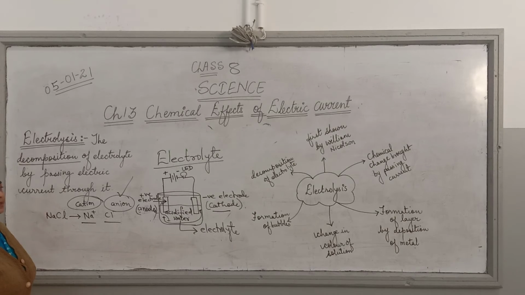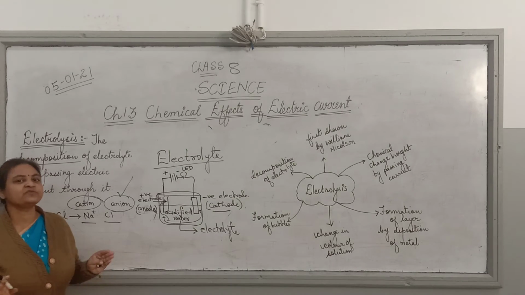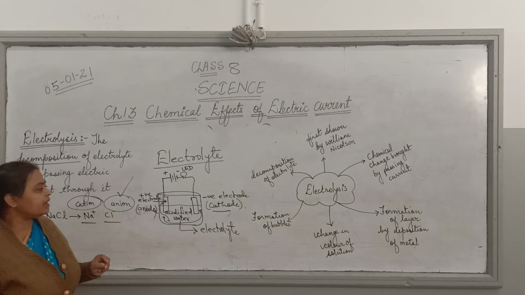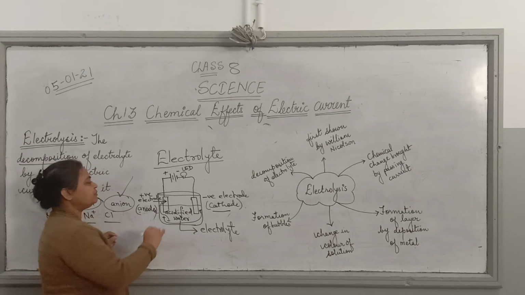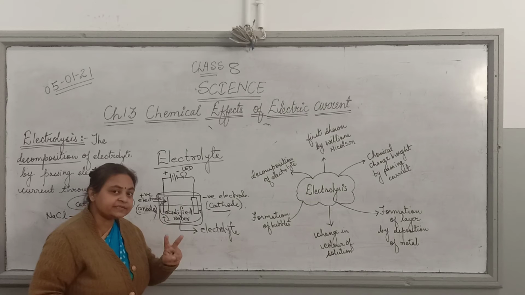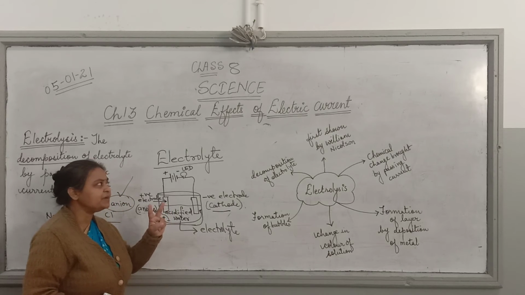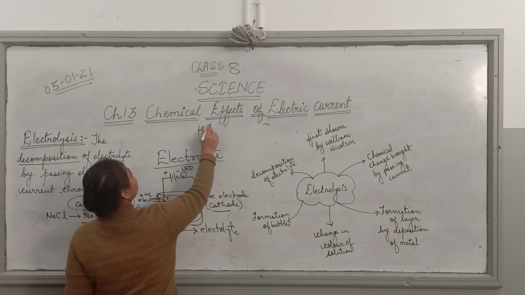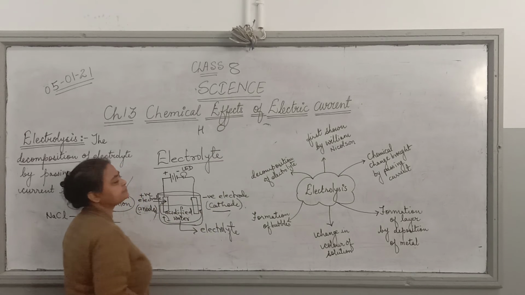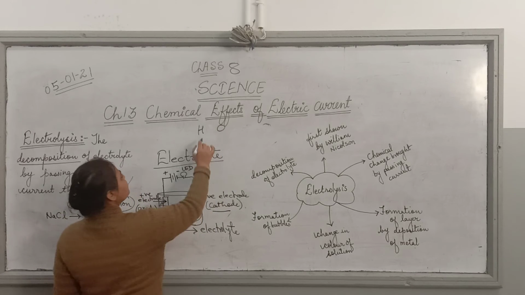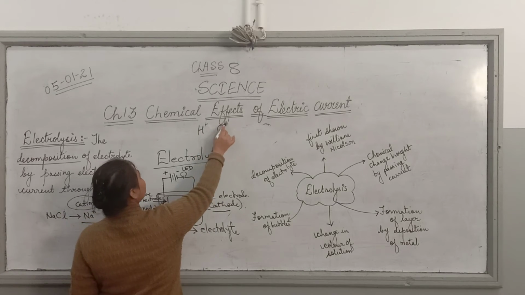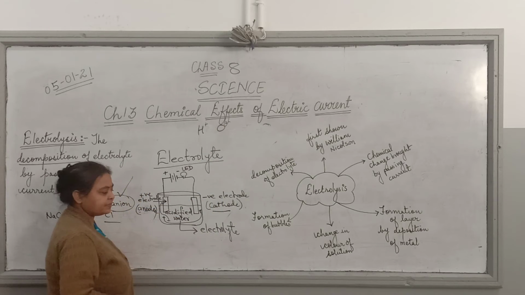Right? Now what will happen? When electric current passes through acidified water, we have evolution of two gases. In water you have which two elements? Hydrogen and oxygen. Hydrogen will form positive ions, oxygen will form negative ions.